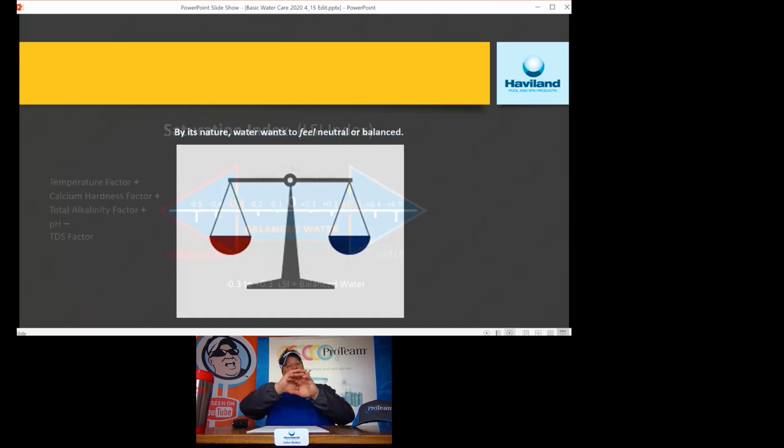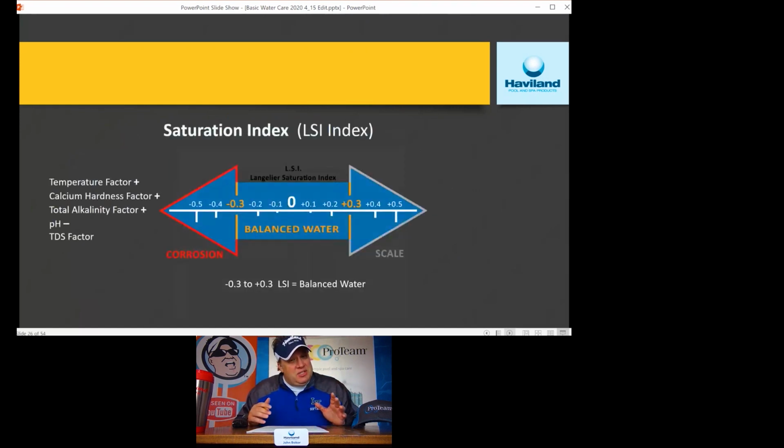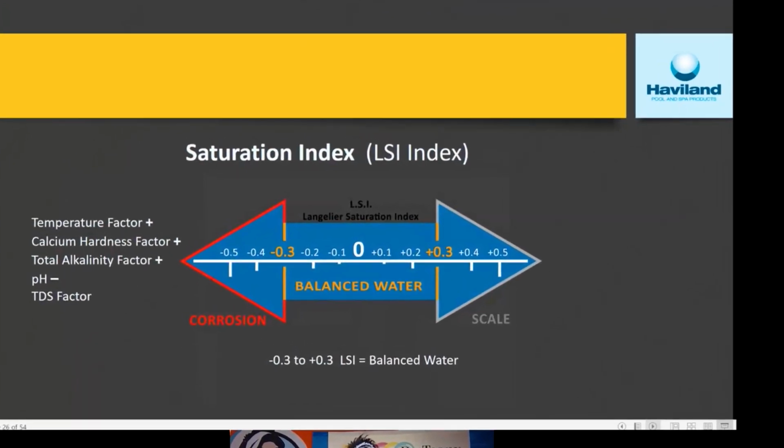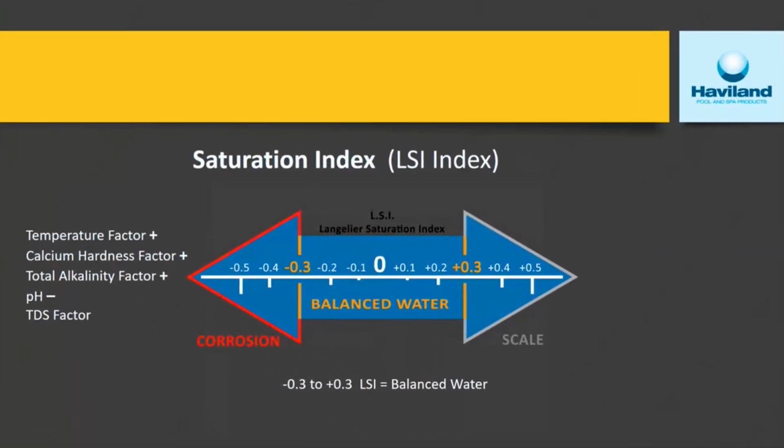And so we take those factors that we talked about earlier, right? The only one I didn't just say was the temperature. You get temperature, calcium hardness, alkalinity, pH, TDS, and you throw it into this simple math problem. Look, it's 3 pluses and a minus. Easy. You plug all this stuff in, and it spits out an answer to you.